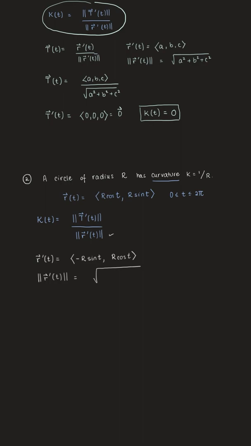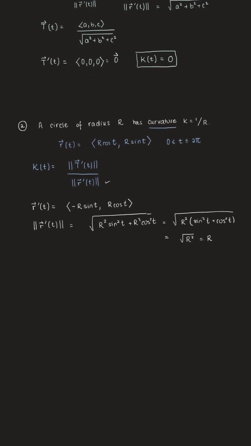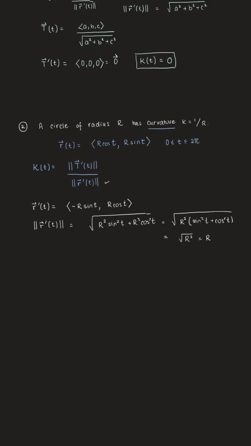That's going to be the square root of r squared sine squared t plus r squared cosine squared t. We can factor out our r squared, and we have a Pythagorean identity, sine squared t plus cosine squared t, that we know is equal to 1. And so this will be the square root of r squared times 1, which is just r. We're assuming the radius here is positive, so I don't need absolute value.